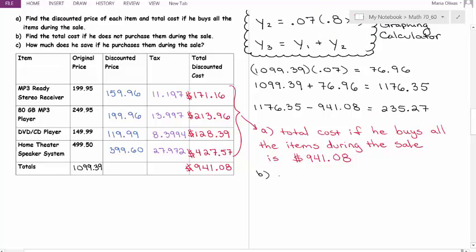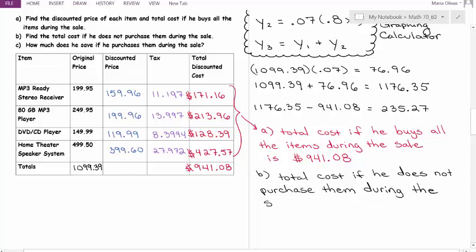Okay, part B, the total cost if he does not purchase them during the sale is $1,176.35.